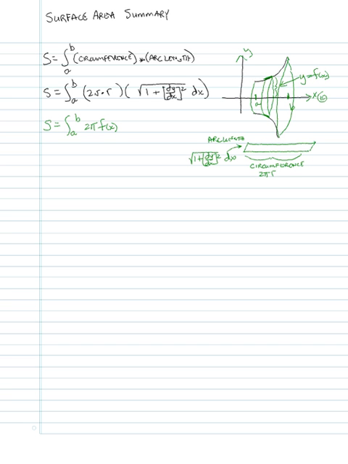That's where the rest of this comes from: the square root of 1 plus f prime of x squared, with respect to x. Now, this is if we're revolving about the x-axis. It's a little bit different, but the same, if we're revolving about the y-axis.